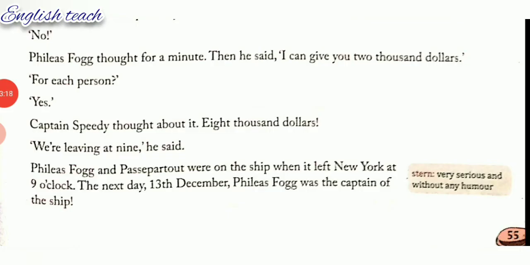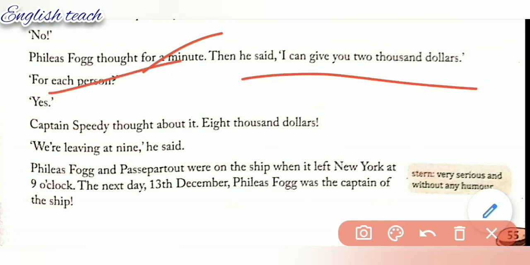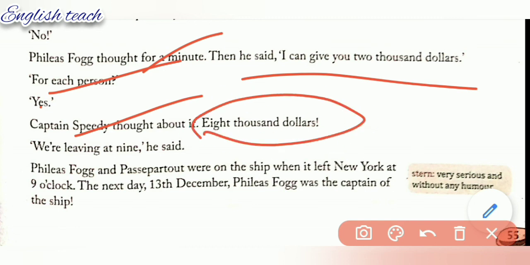Next, Phileas Fogg thought for a minute. Then he said, I can give you $2,000 for each person. Now you say yes. Captain Speedy thought about it, and he would get $8,000.